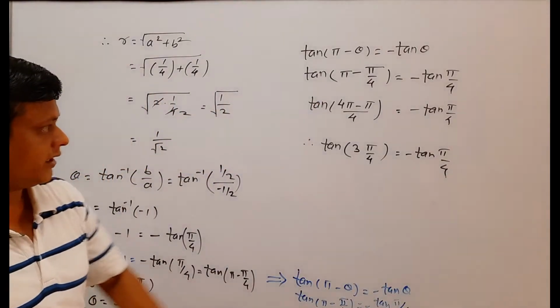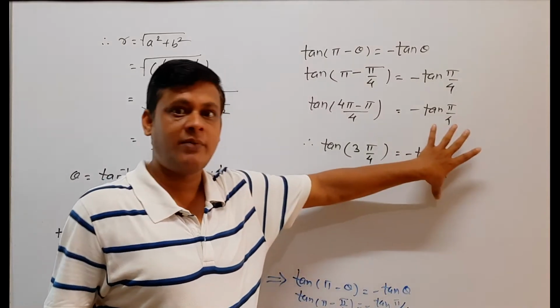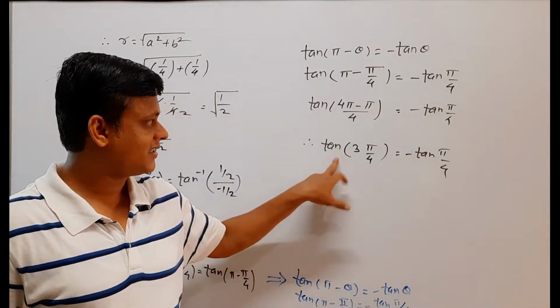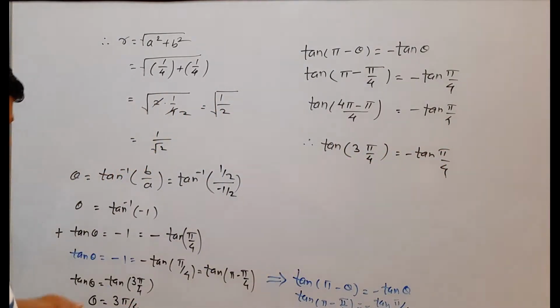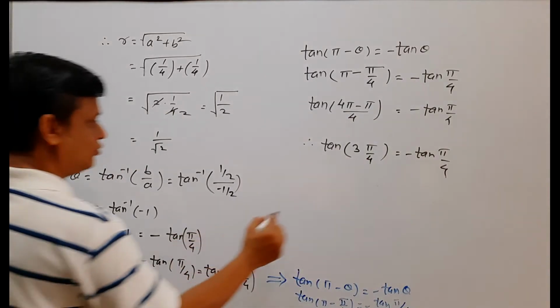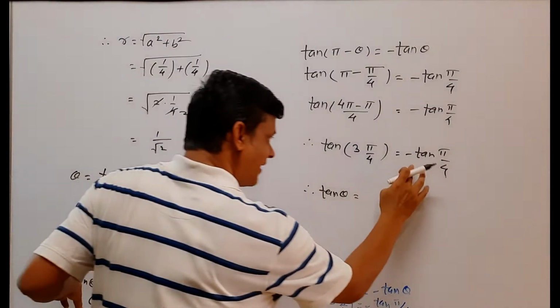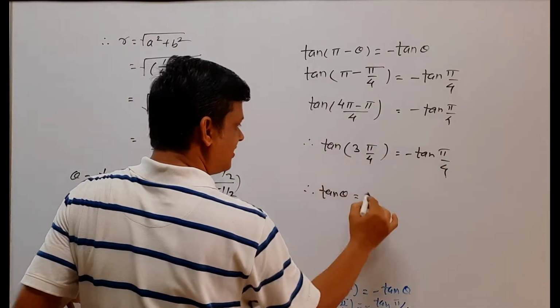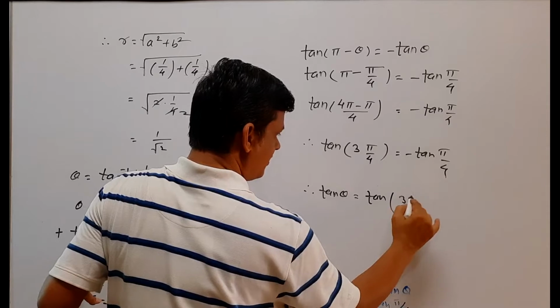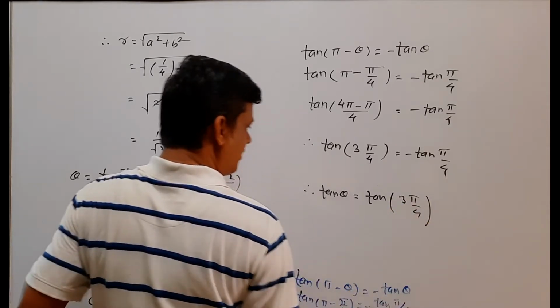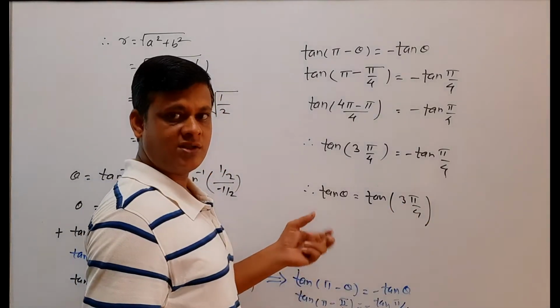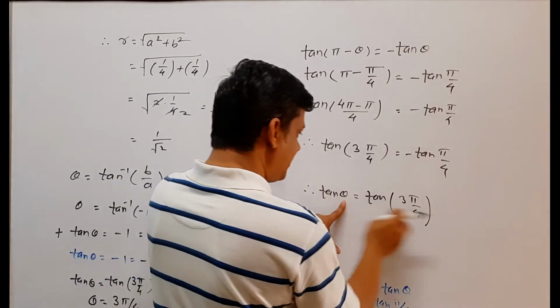Now we write this minus tan pi by 4 in terms of plus as tan 3 pi by 4. So tan theta is equal to, instead of minus tan pi by 4, we take this tan 3 pi by 4. Now the sign of both the tan ratios is the same, so we compare the angle.